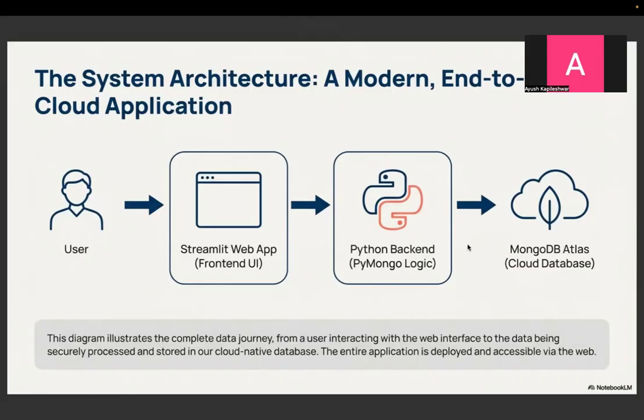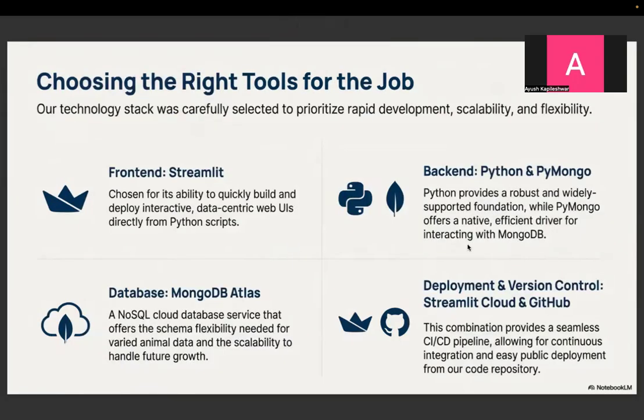Now over to Ayush. Okay, so our next job would be choosing the right tools for the job. We carefully selected our tools to balance speed, flexibility, and scalability. First, we selected Streamlit for rapid front-end development as it was quite fast. And then we had Python and PyMongo for our backend logic and database integration.